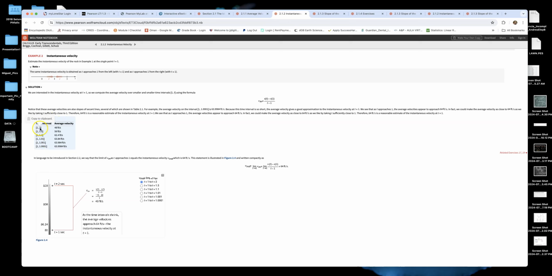They made the other point smaller and smaller, each time closer to 1. And they compute the average velocity for that particular point. Okay, from 1 to 1.5, then from 1 to 1.1, then from 1 to 1.01.